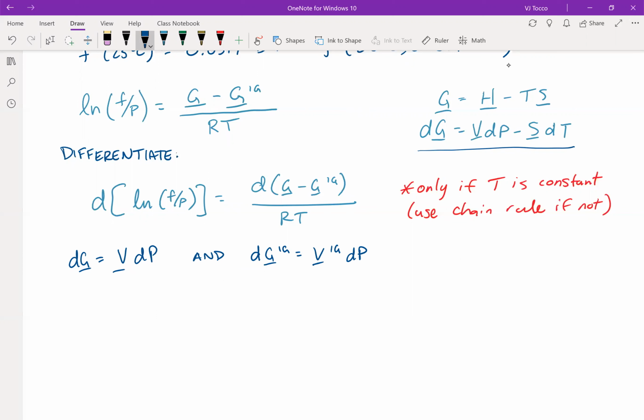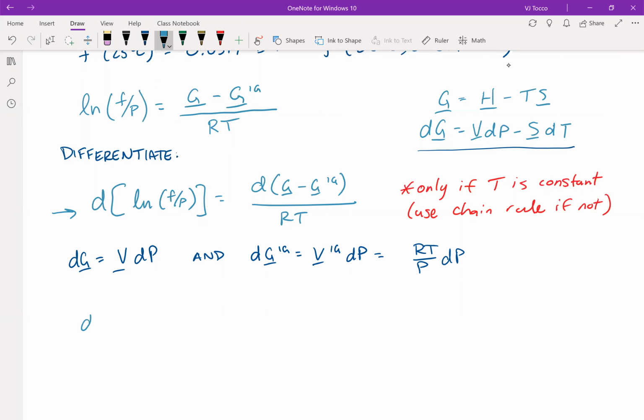Okay, what next? So I know what the molar volume of the ideal gas is, so I'm going to plug that in. So remember, RT over P dP. And I'm not going to evaluate that just yet. I'm going to leave the molar volume for the liquid. So I'm going to plug these two terms into the equation above.